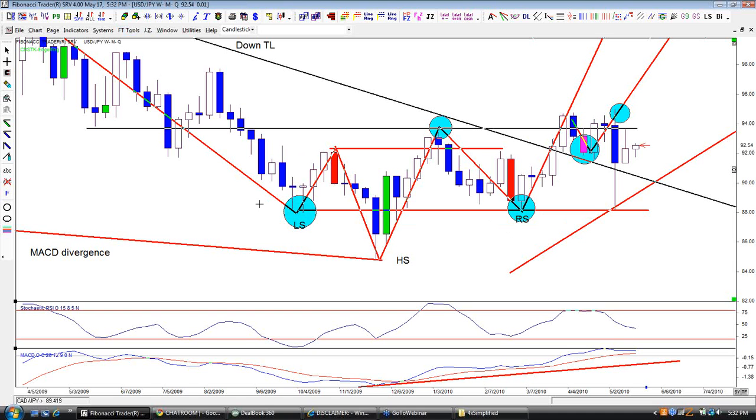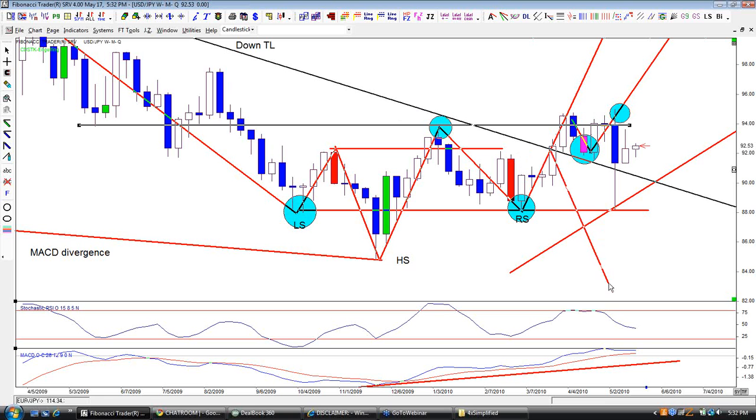Of course, the head and shoulders can fail, but it's still going to have at least a little bounce. Even if the pattern on such a big scale fails, on a smaller time frame, we'll have a large move. Let's say price comes back, retests that trend line, and continues to move bearish, and the pattern fails.